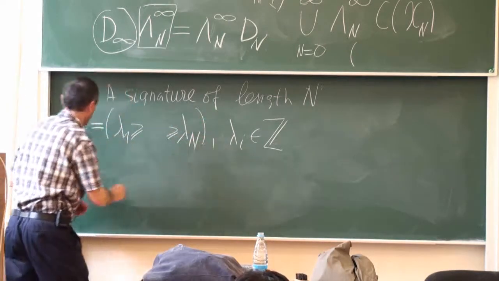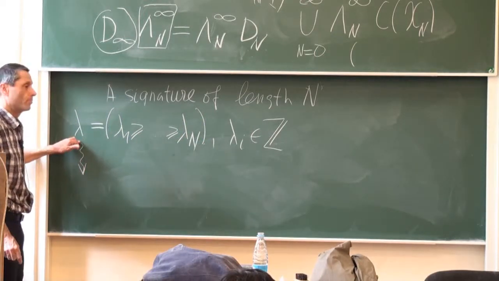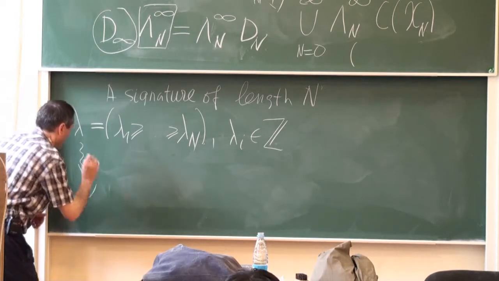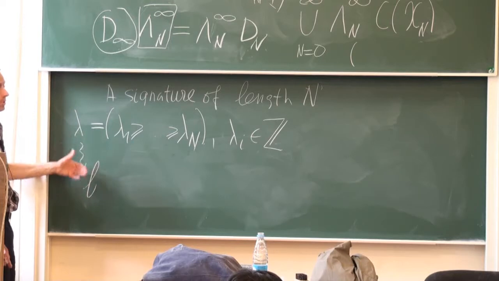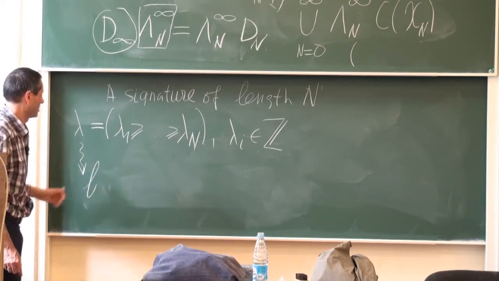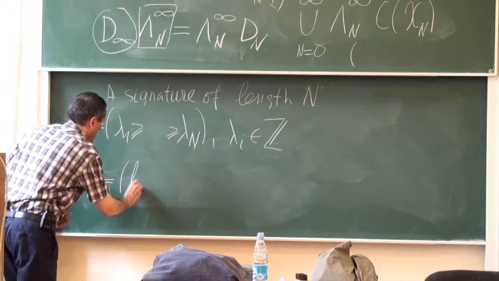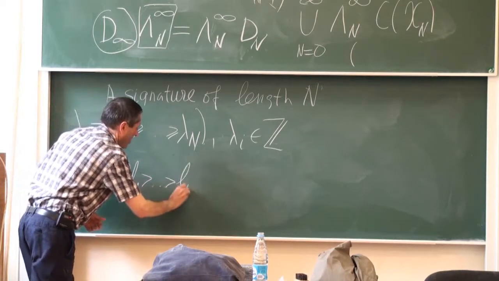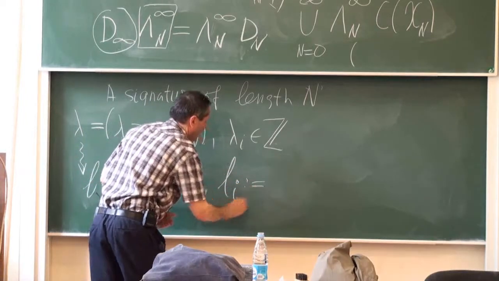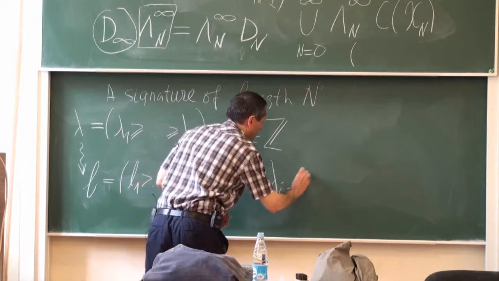Given such an object, I can interpret it as an endpoint configuration on the lattice, because I define the corresponding l, where lambda and l are related, by definition, as l sub i equals lambda sub i plus n minus i.